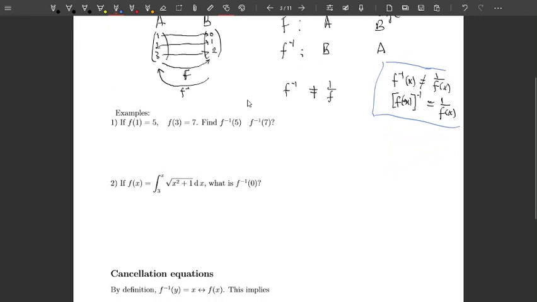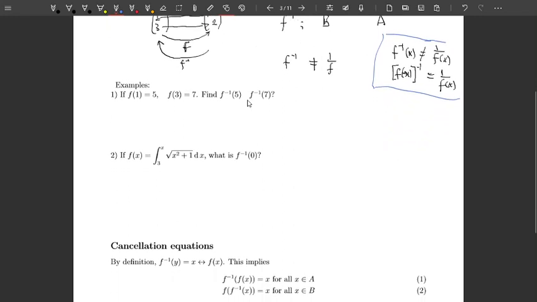Moving forward, let's see how this works with some examples. Imagine that you have a function that is defined for some values. They say f of 1 is 5, f of 3 is 7, and you are asked to find f inverse of 5 and f inverse of 7. Well, since f of 1 is equal to 5, f inverse of 5 should be equal to 1.